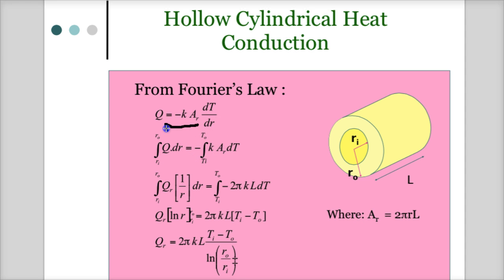So r goes there, and you integrate q over dr, and same as before, you integrate over T. But the difference for the cylinder is that the area A consists of r. So that's r in A. So you have to put A here.